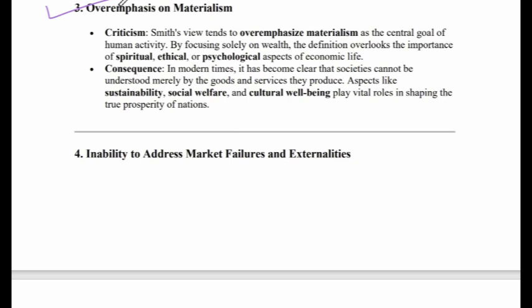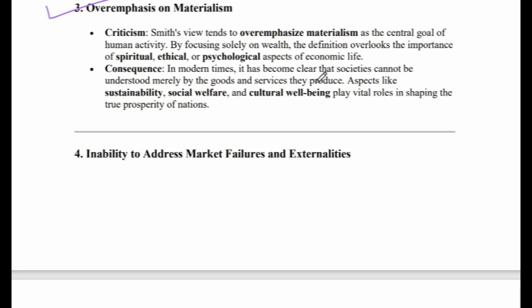Next is overemphasis on materialism. Smith's view tends to overemphasize materialism as the central goal of human activity. By focusing solely on wealth, the definition overlooks the importance of spiritual, ethical, or psychological aspects of economic life.